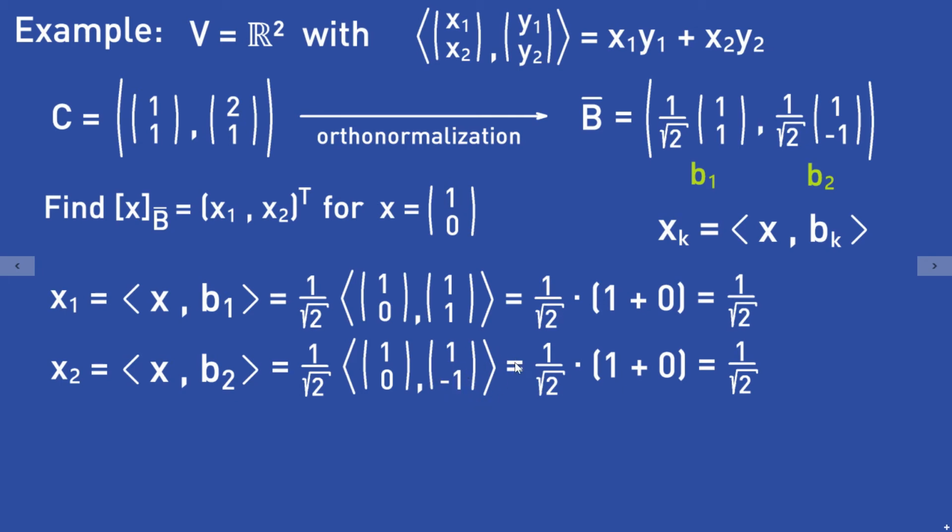So this is equal to 1 divided by the square root of 2 times 1 times 1 plus 0 times minus 1, which is 1 plus 0, and in the end we get 1 divided by the square root of 2. So the second coordinate of x with respect to the orthonormal basis b bar is equal to 1 divided by the square root of 2. So we have found the coordinates of x with respect to the orthonormal basis b bar.